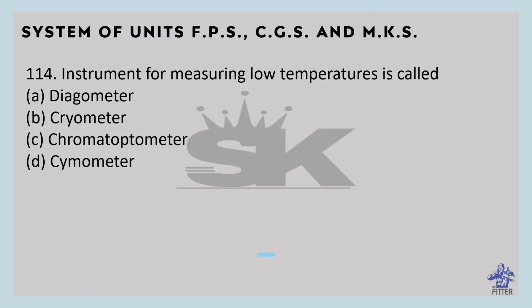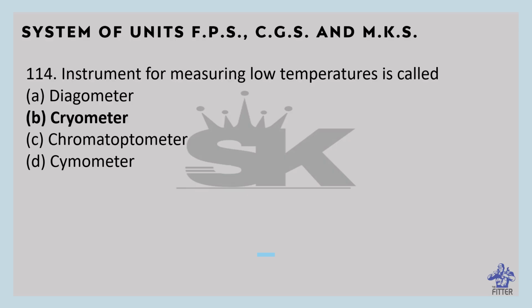Instrument for measuring low temperatures is called cryometer. Diagometer is a sort of electroscope in which the dry pile is employed to measure the amount of electricity transmitted by different bodies.